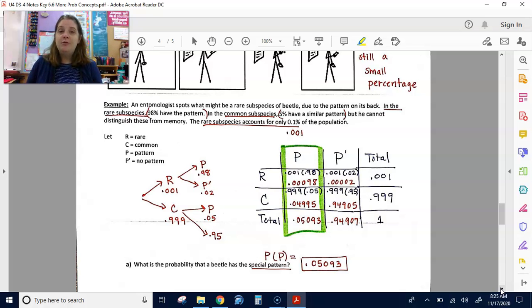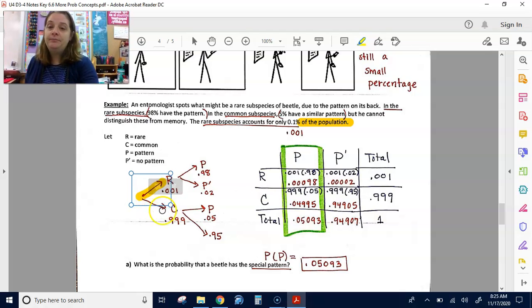In the common subspecies, 5% have the pattern, but he cannot distinguish these from memory. The rare subspecies accounts for only 0.1%, which is 0.001, of the population. So even though the pattern numbers are given first, our first branch needs to be the rare versus the common.